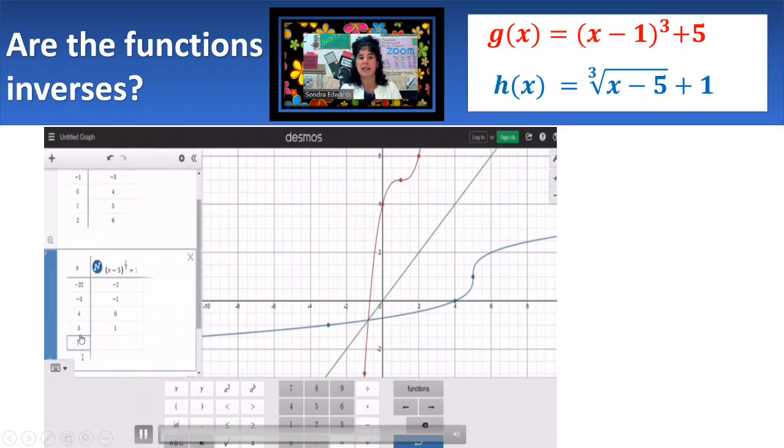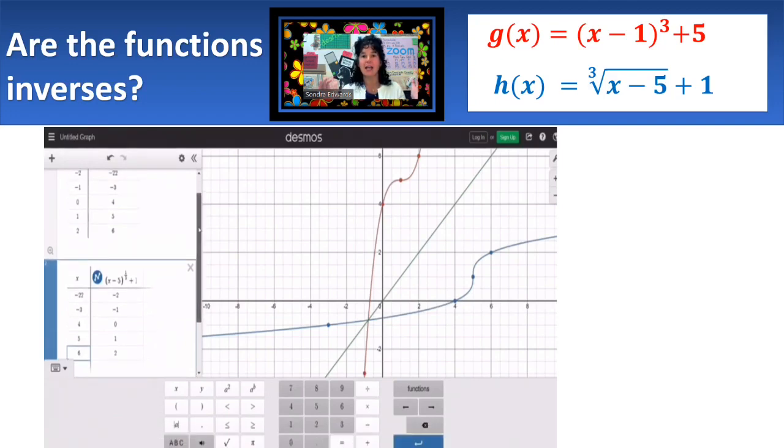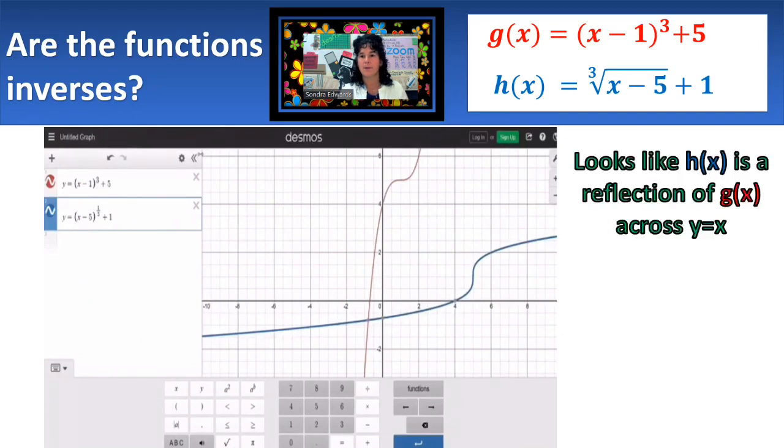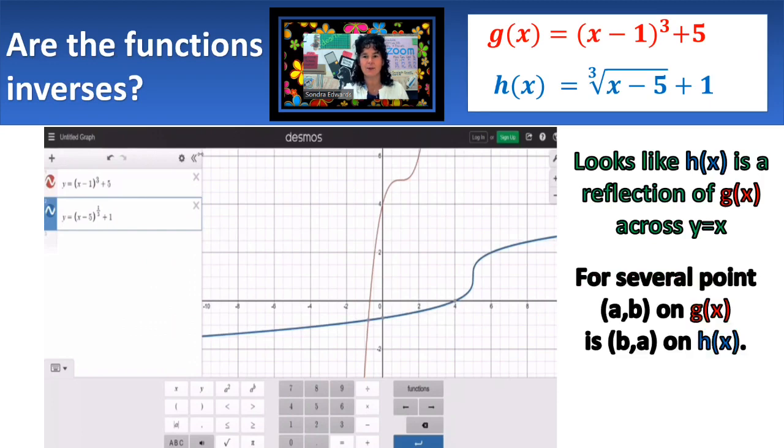And 2, 6 becomes 6, 2. Notice that a coordinate (a, b) on g of x becomes (b, a) on h of x. So at this point, it looks like h of x is a reflection of g of x across that y equals x line, which makes us think that yes, these are inverses.